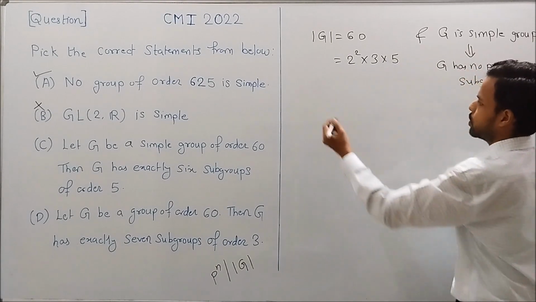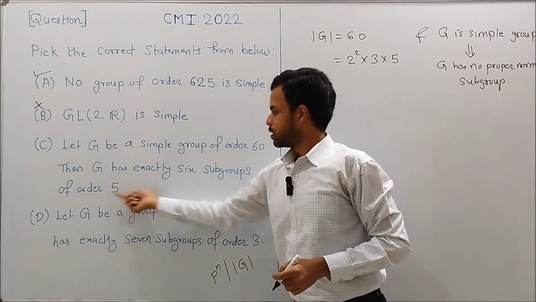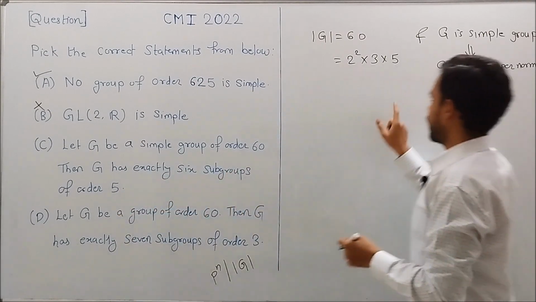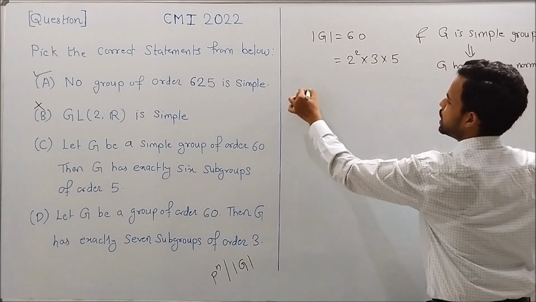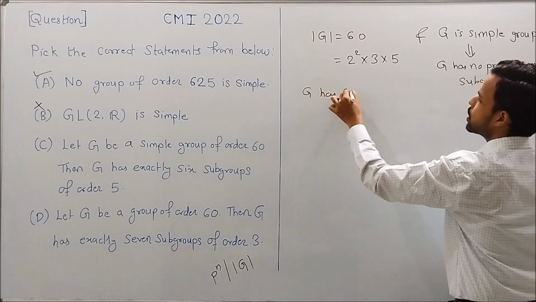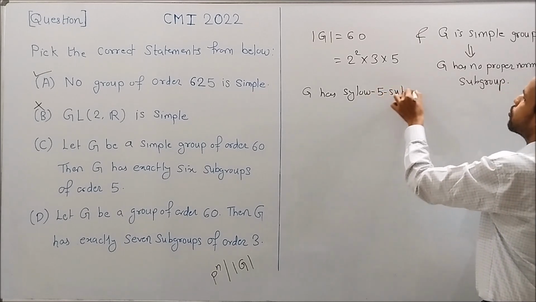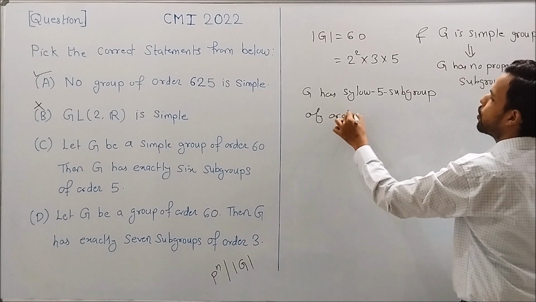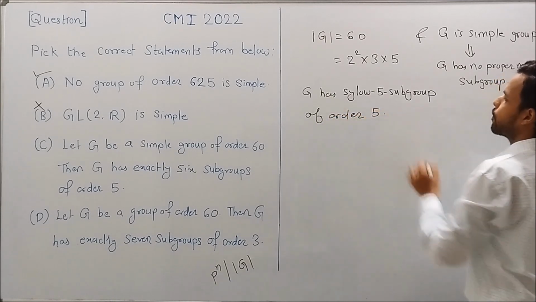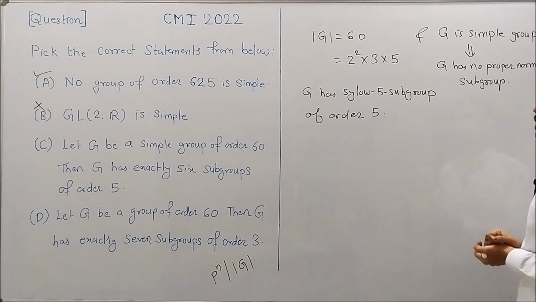Okay. So, as we are only interested in subgroups of order 5, I write only for the case 5. So, G has a Sylow 5 subgroup of order 5. This is by Sylow first theorem.